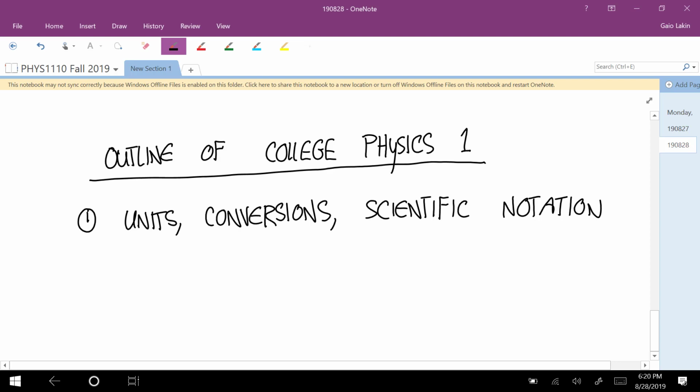Anything that you measure has units attached to it. Like if you measure the width of this room, you have to decide whether you're going to do it in inches or meters or whatever. And we're going to need to go back and forth between different types of units. So we're going to first talk about how all of the units that we're going to deal with in this class come from combinations of 3 basic unit types.